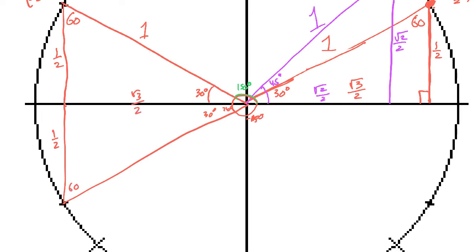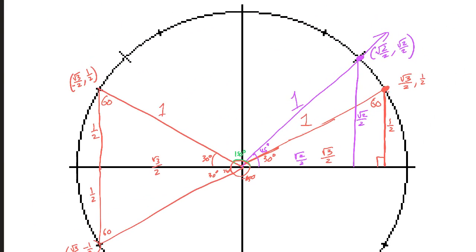And so this would be negative root 3 over 2 because I'm left, and negative a half because I'm down, and I can get the coordinates there. And this is how you make a unit circle. And so all these tick marks for 45s, all of these should all be root 2 over 2 and root 2 over 2. Just depending on the quadrant it's in, you change some signs.